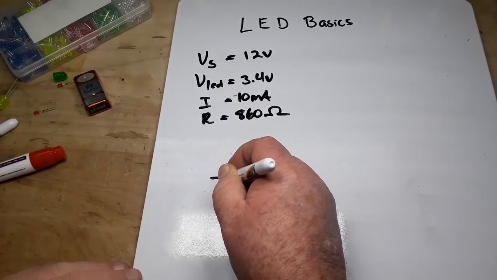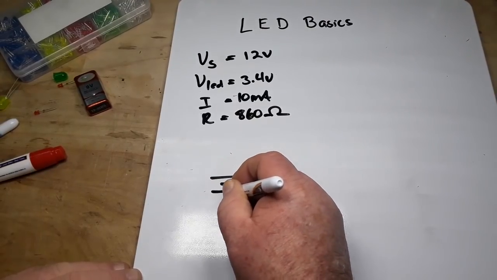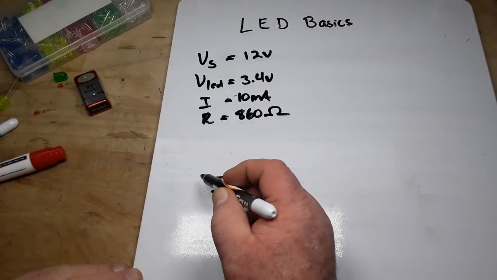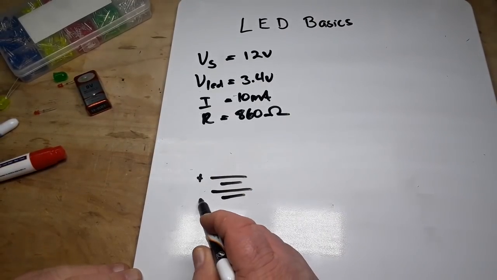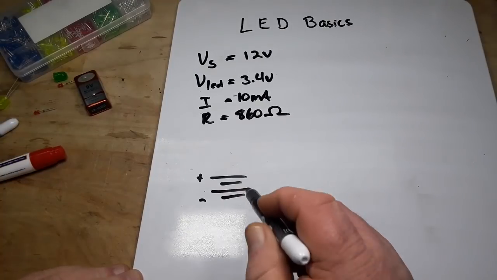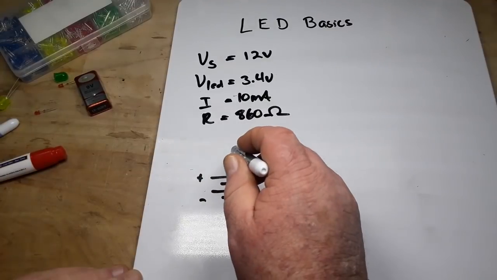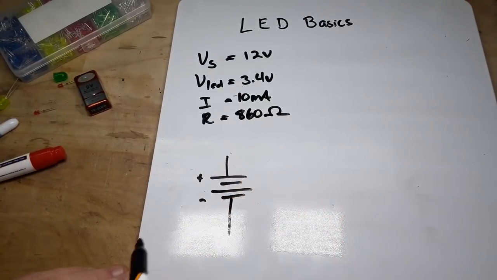So we'll just draw the standard battery symbol. The long side is the positive, the short side is the negative.